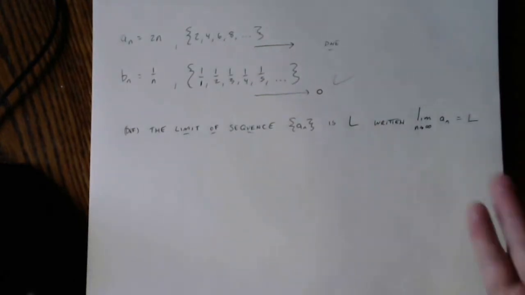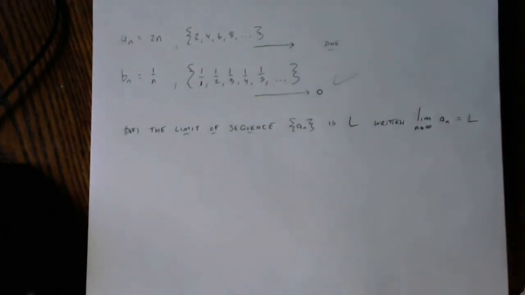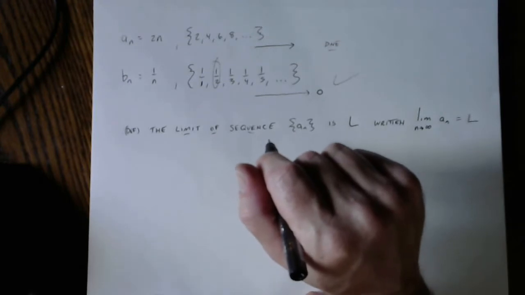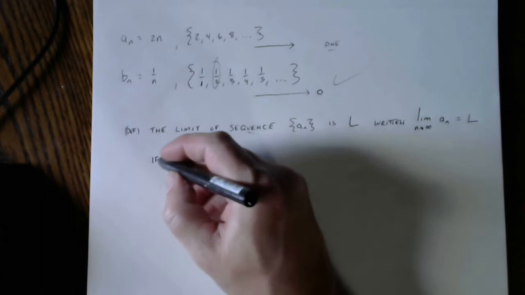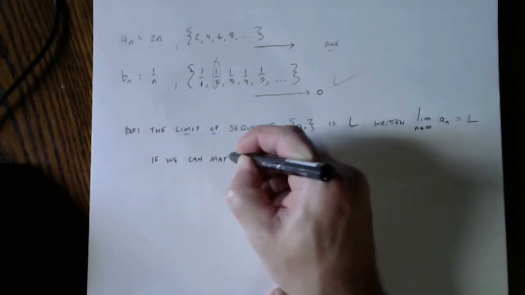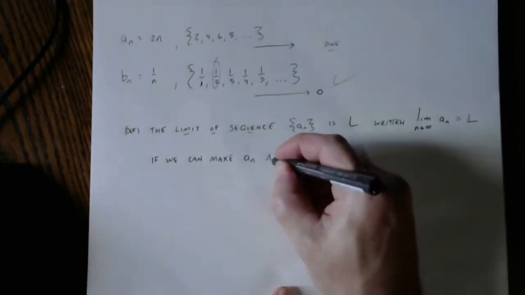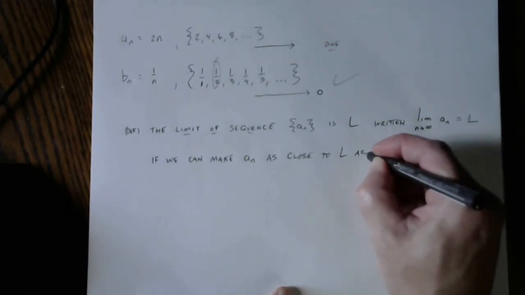And this is really the same notation you'll see with functions. However, we're always going to go to infinity. We would never say as n goes to 2. If n goes to 2, that's the value. That's not really useful conversation. Okay, so this is true if we can make a_n, that means we can make the terms as close to L as desired.